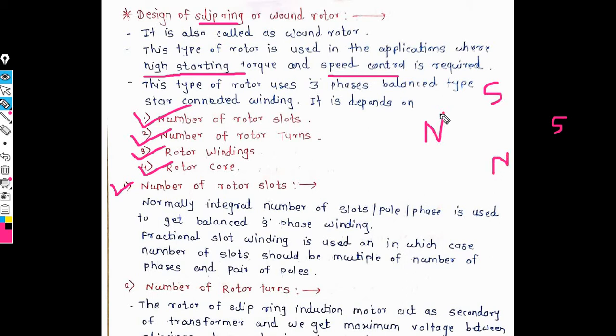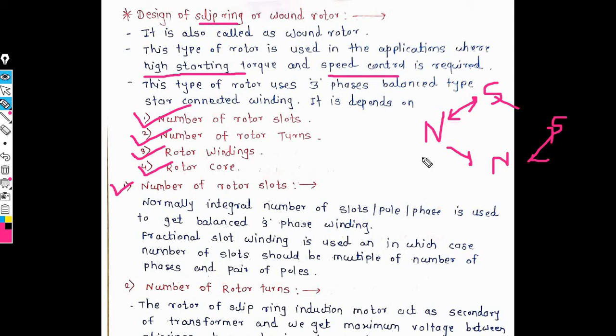This depends on the condition that NS is attraction and NN means repulsion, then NS is attraction and SS means repulsion. That means the repulsion and attraction condition is very important in the design of a slip ring induction motor. That means the rotor slot is very important in the design.